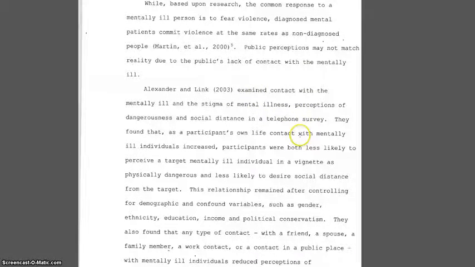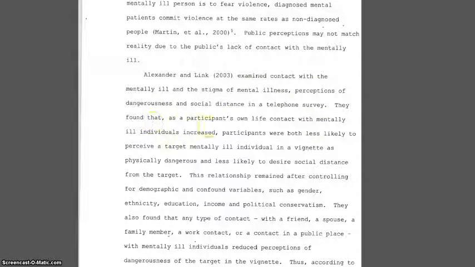And we'll see that because this is all going to be about contact. What's good here is that we do know it was a telephone survey, and we know specifically what was being looked at. They found that as the participants' own life contact with mentally ill individuals increased, participants were both less likely to perceive a target mentally ill individual in a vignette, and a vignette is just a story, as physically dangerous and less likely to desire social distance from the target.